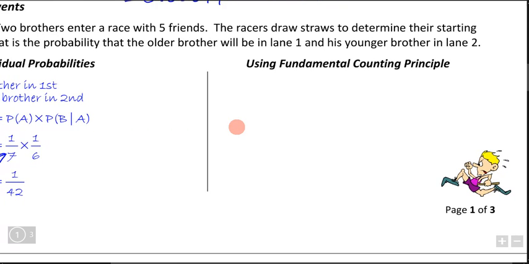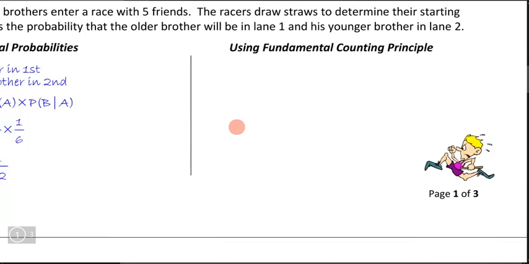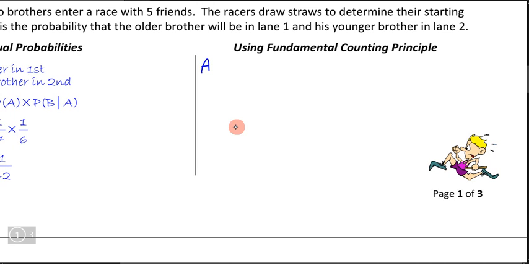If I'm going to use the fundamental counting principle, my event A is going to be both the older and younger brother being placed in the first and second position.